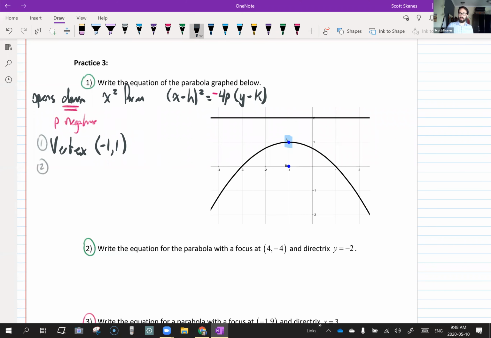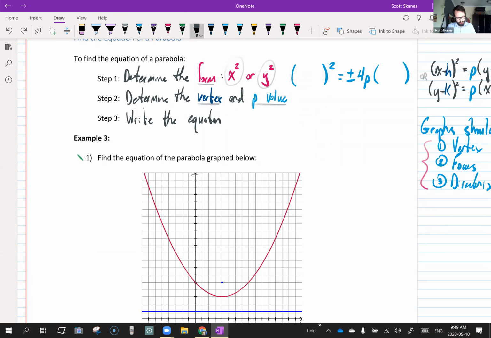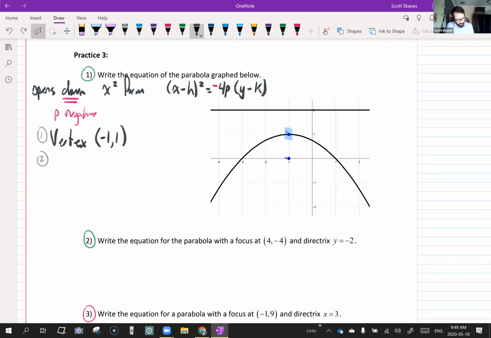I think I need to get the value of p, right? I wrote that above. Vertex and the p-value. So let's go ahead and get the p-value. Looking at this graph, I can see that the distance from the vertex to the focus is 1. So p equals 1.